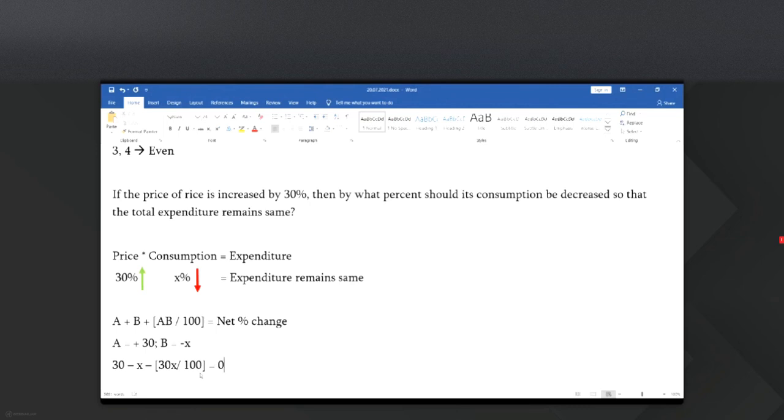Because of the application of these two percentages, there is no change in expenditure, so the net percent change is 0.